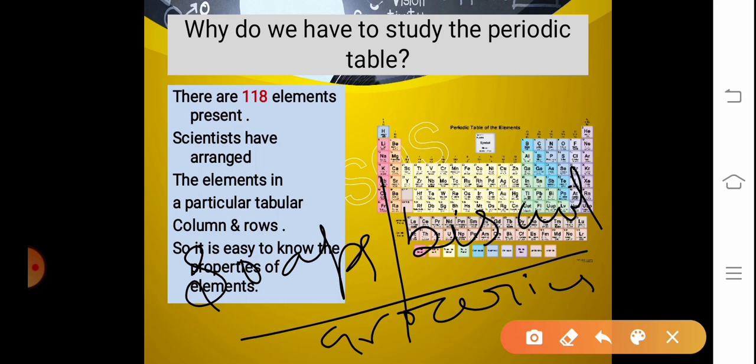So then what happens? Just imagine if all these things are mixed and clumped together. It is difficult for the shopkeeper when a customer comes and asks for a particular thing.